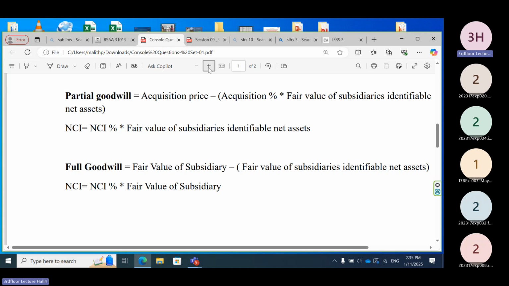That's full goodwill. Now I'm going to do a calculation after having these definitions, so then you can understand what we are discussing here.